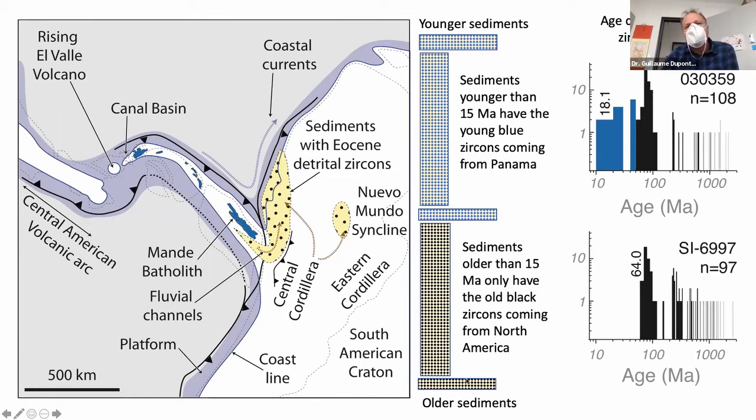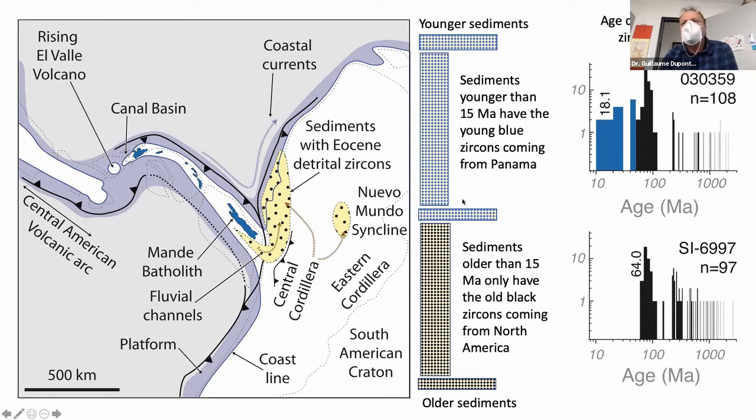And if you look at a sedimentary sequence, from older to younger, at some point you see the appearance of these blue younger zircons. And that means that Panama is not very far, and so you are close to the collision, okay?